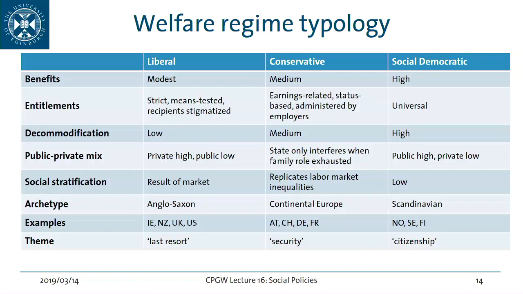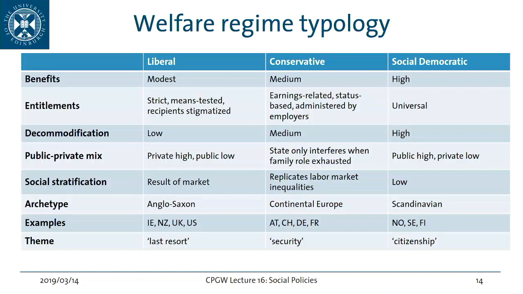And this is the model that you see in Germany and some of the German-speaking countries, and you also see this in France, for example. And the overarching theme of the continental model is that it should provide security for its people. So maybe a model that thinks more from the perspective of the citizen rather than from the perspective of the state, as in the liberal model, where things should be a last resort.